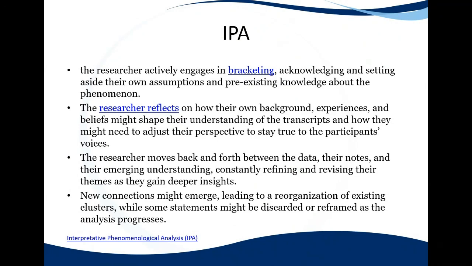And here again, some more information in terms of what you do. There's a unique thing also within IPA, what we call bracketing, right? And the reactions that I've just spoken about, you sitting with this convicted murderer, and you're saying, what are some of the assumptions that I have about people that are murderers? What is the pre-existing knowledge that I have, that they're dangerous, that they cannot be trusted?